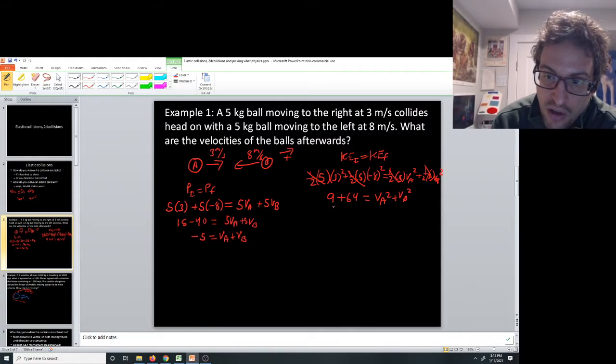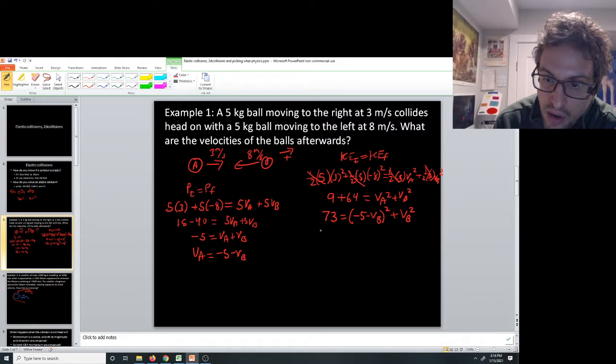Okay, so I can substitute. Let's say that VA is equal to negative 5 minus VB. So this is 73 equals negative 5 minus VB, squared, plus VB squared. 73 equals 25 plus 10 VB, just expanding this out, plus VB squared plus VB squared.